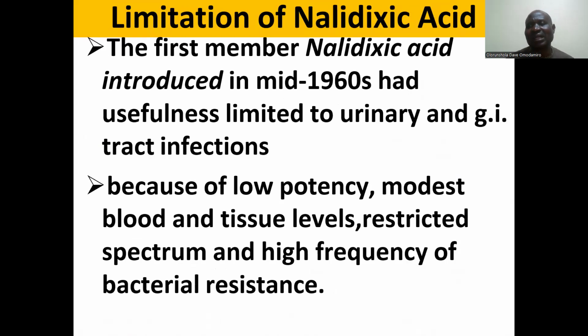So what are the limitations of nalidixic acid, that is, quinolone? The first member, nalidixic acid, as I said, was introduced in the mid-60s. Its usefulness is limited to urinary tract and GIT infection, because it mainly targets Escherichia coli, Proteus, Klebsiella, all those Enterobacteriaceae, because of the low potency.